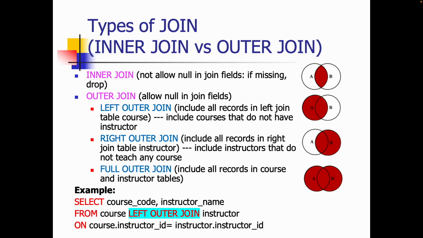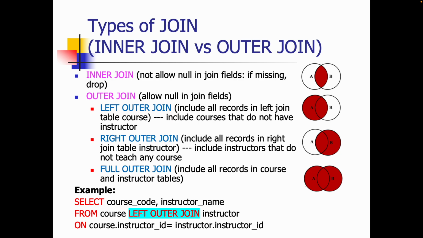So if you have a right join between course and instructor, this is the table on the left, right? Because this is the left side of the join. This is the table on the right.